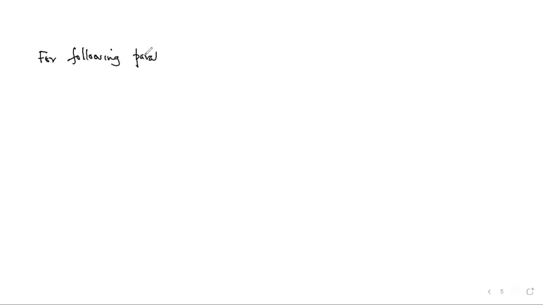Or following parabola. What are the things you have to do? Sketch first. Then you must write its focus, find coordinate of focus. Equation of directrix.